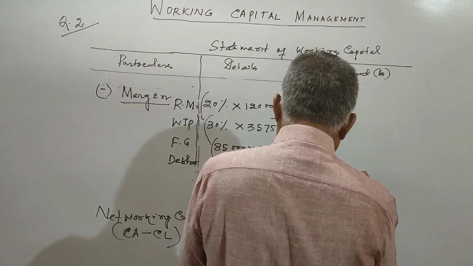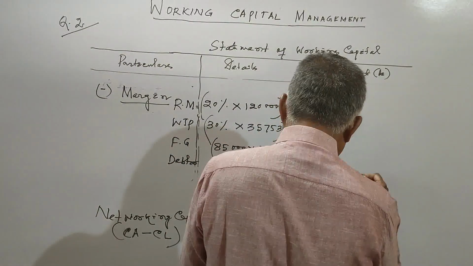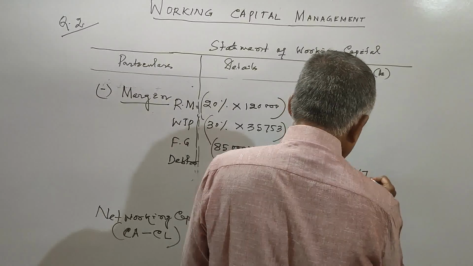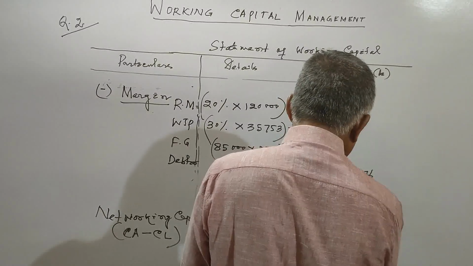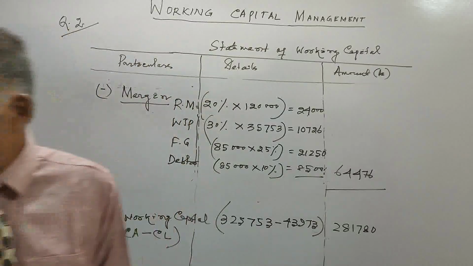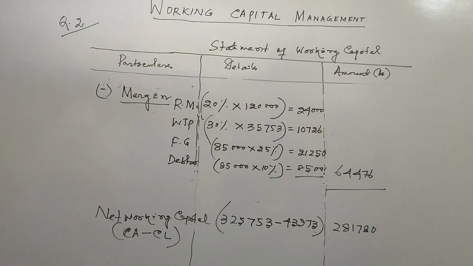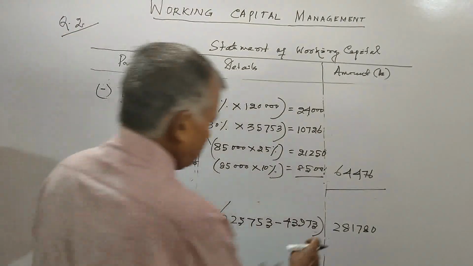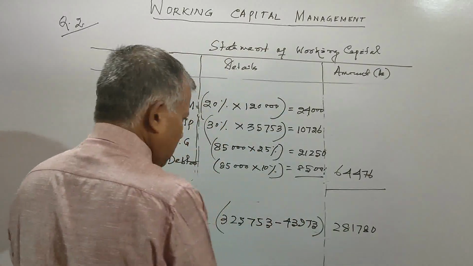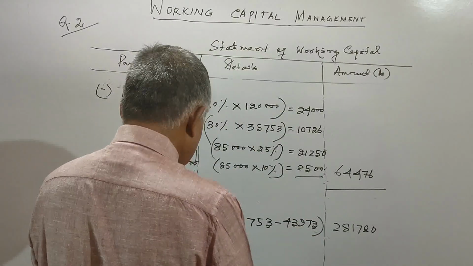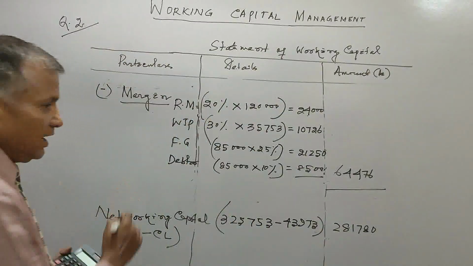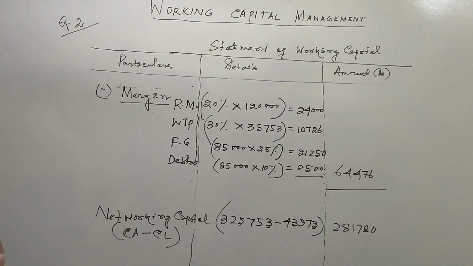So margin is 64,476. If we deduct 64,476 from 2,81,780, then will come the working capital limit.